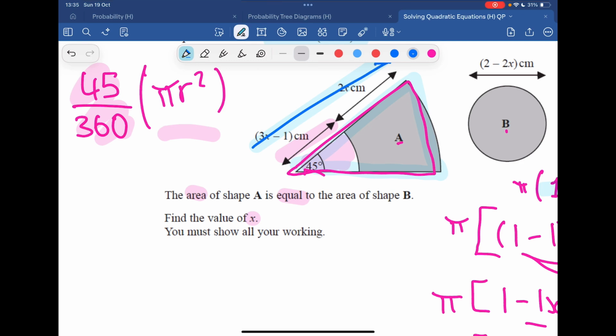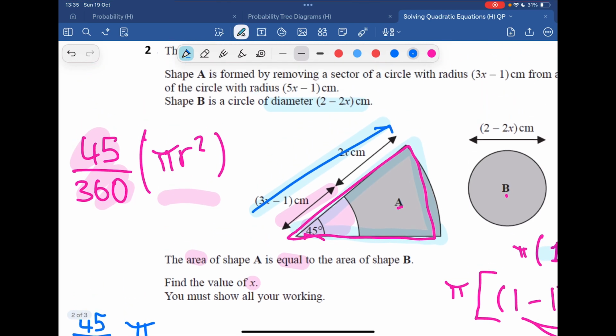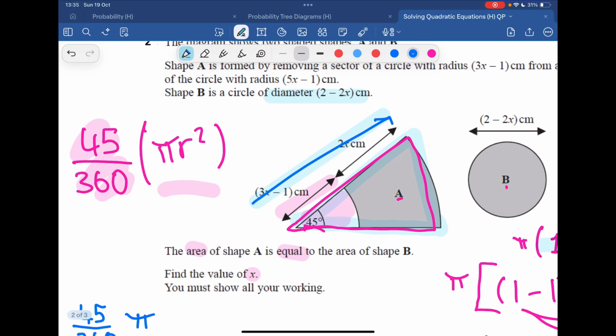Let's work out this total area first. So we know that that is going to be 45 over 360 pi r squared. So what is our radius here? It's 5x minus 1.